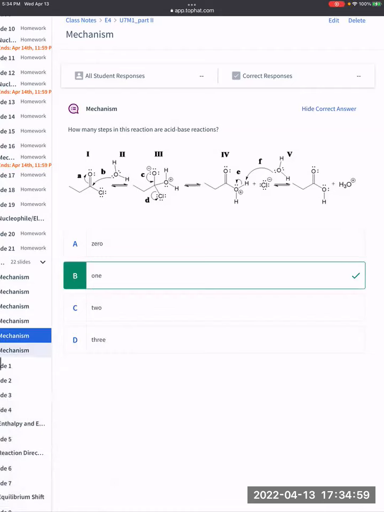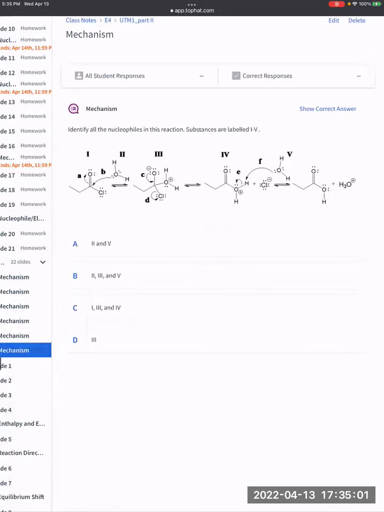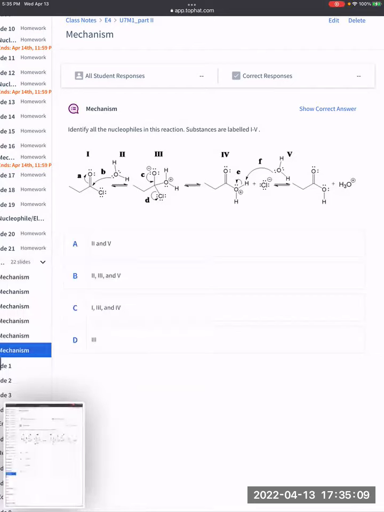Let's do one more. Identify all the nucleophiles in this reaction. Okay. So again, nucleophiles are electron-rich molecules with electron-rich centers that attack electrophiles that have electron deficient centers.